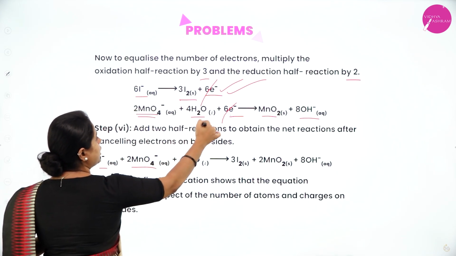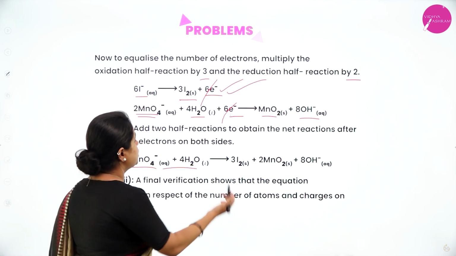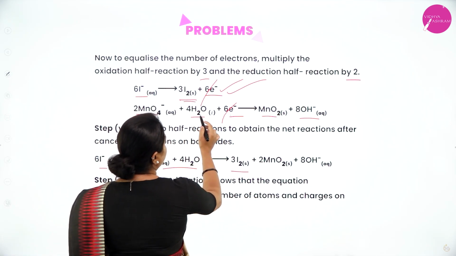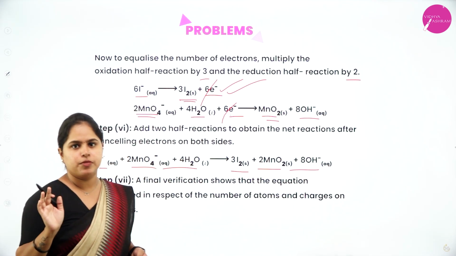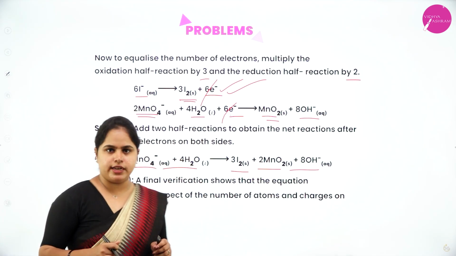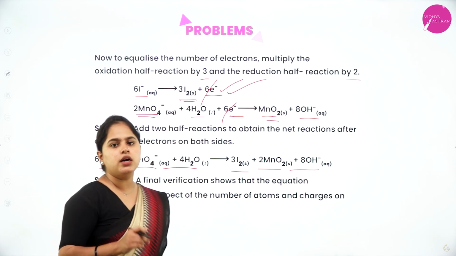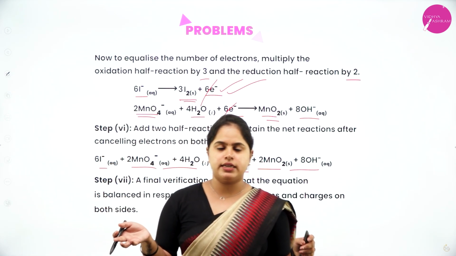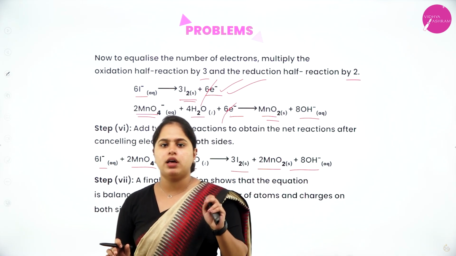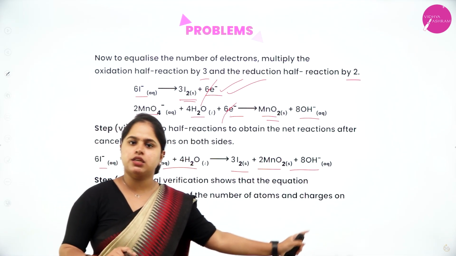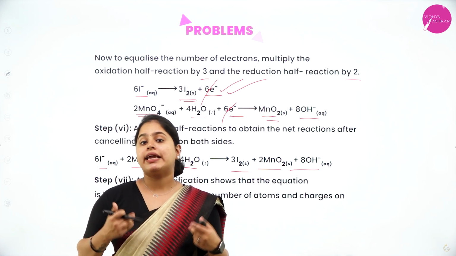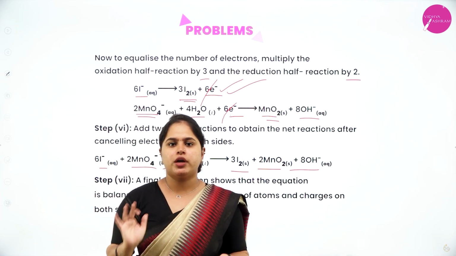And what is left here on the reactant side? 4H2O, which gives 3I2, 2MnO2, which is on the product side, and 8OH⁻. So that's it. So this is the final equation. If you count the number of atoms on both sides, the oxygen, hydrogen and all other atoms will be balanced. So this is the final balanced redox equation in case of basic medium. So I hope it is clear.